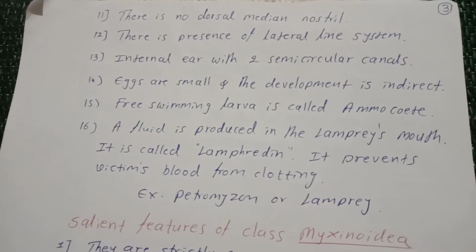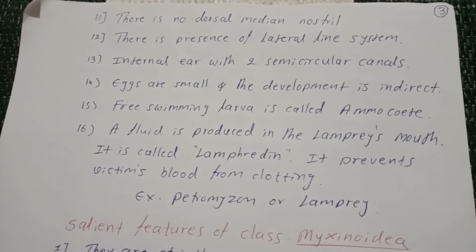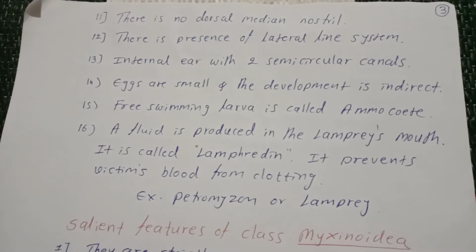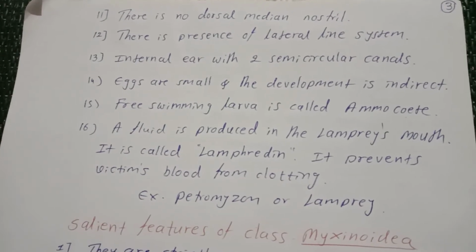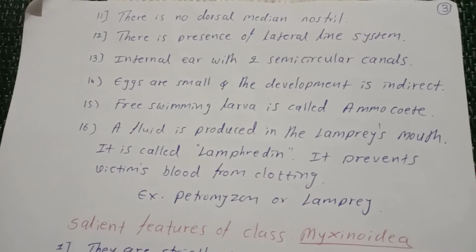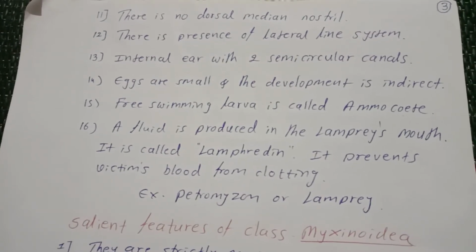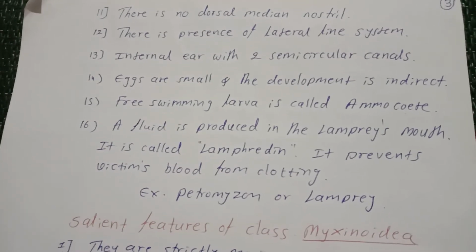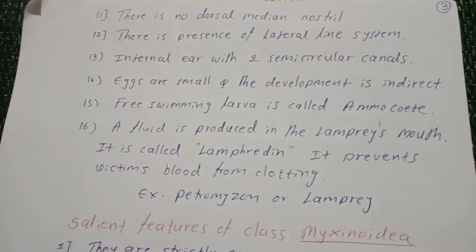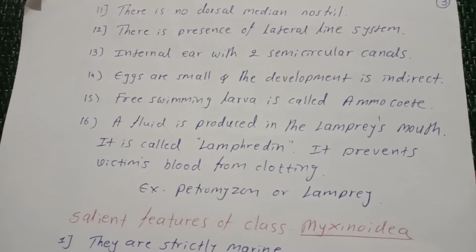Then there is no dorsal median nostril. That means generally the nostril is present at the dorsal side and median to the body. There is presence of lateral line system. Internal ear is with two semicircular canals.